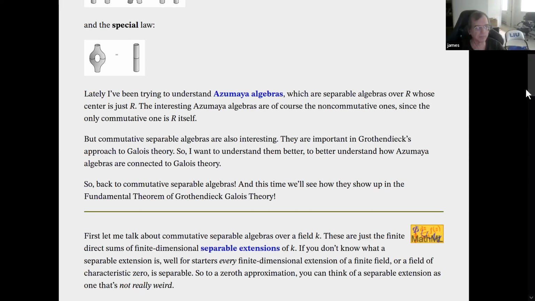So basically, as long as you're working with field extensions of finite degree, then the two meanings of the word separable completely coincide. Of course, not every separable algebra will be a field, but every field extension that's separable in the language of field extensions will also be separable as an algebra too.